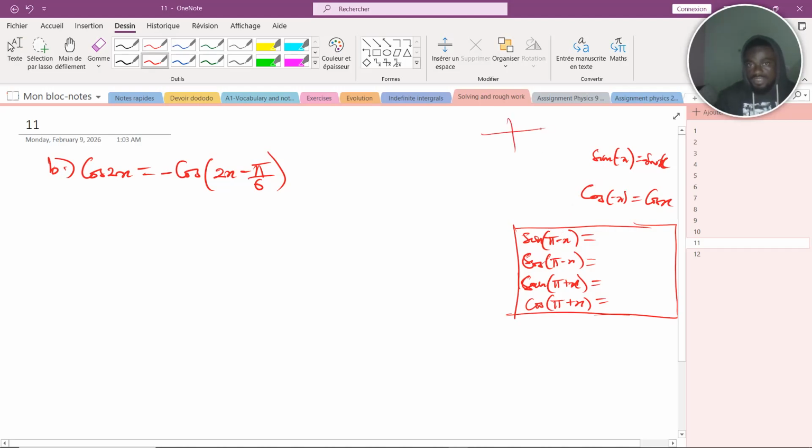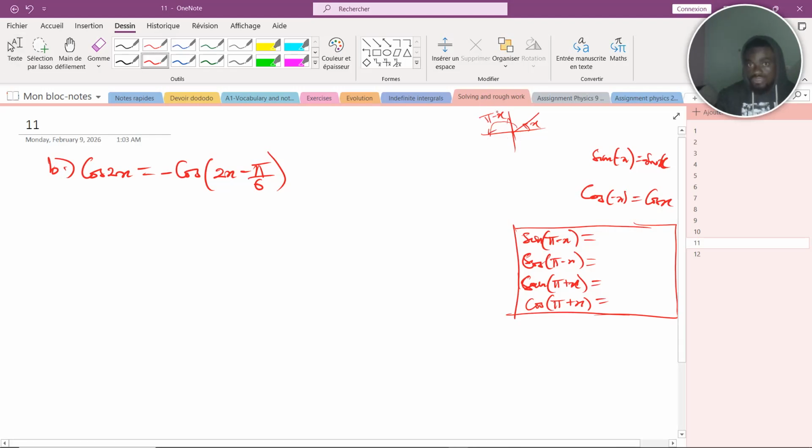Let's assume x is an angle in the first quadrant. If this is x, what is this angle? This angle is pi minus x. It means that this angle falls in the second quadrant.